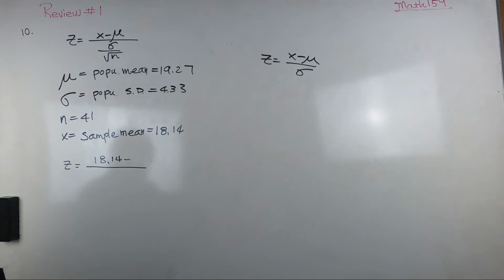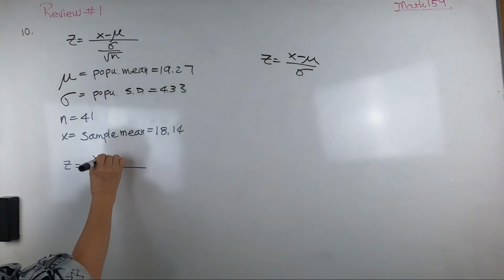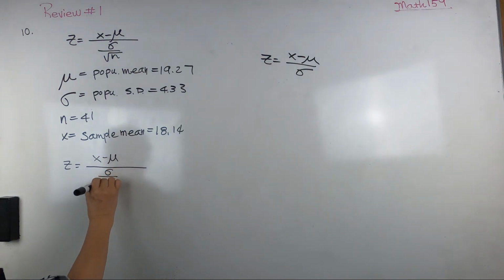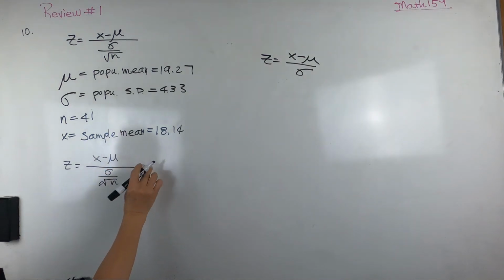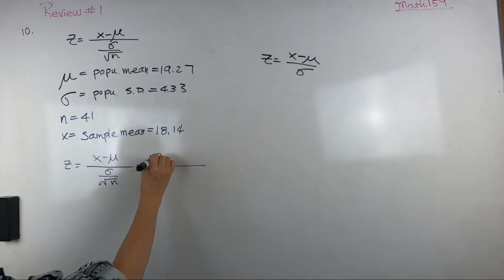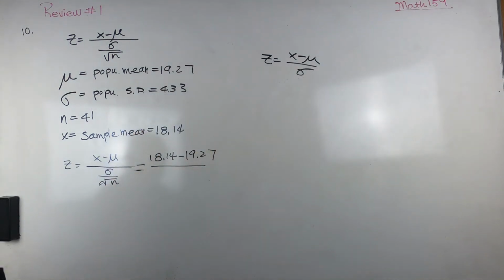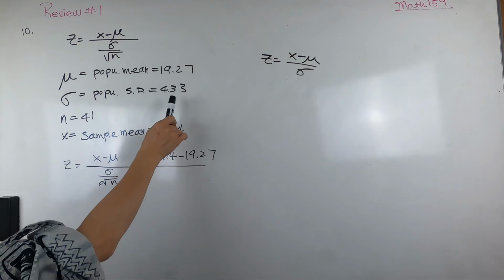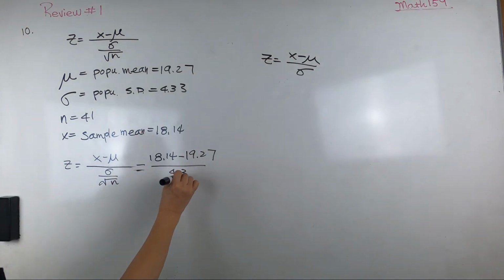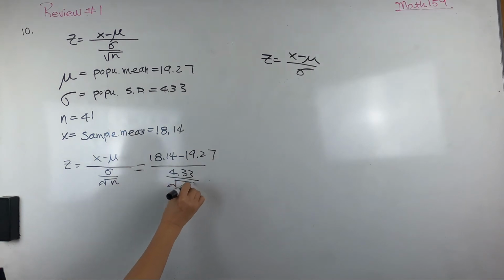Mu is here, 19.27, over sigma. Sigma is 4.33 over the square root of n. N is 41. So that's how you enter it.